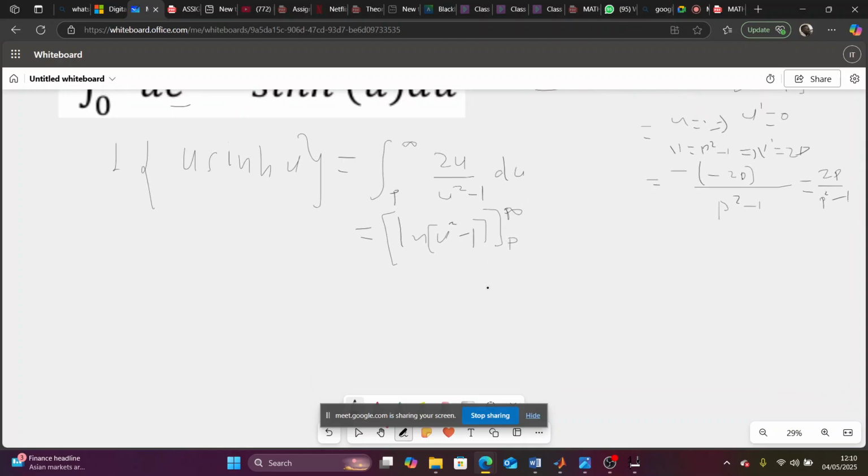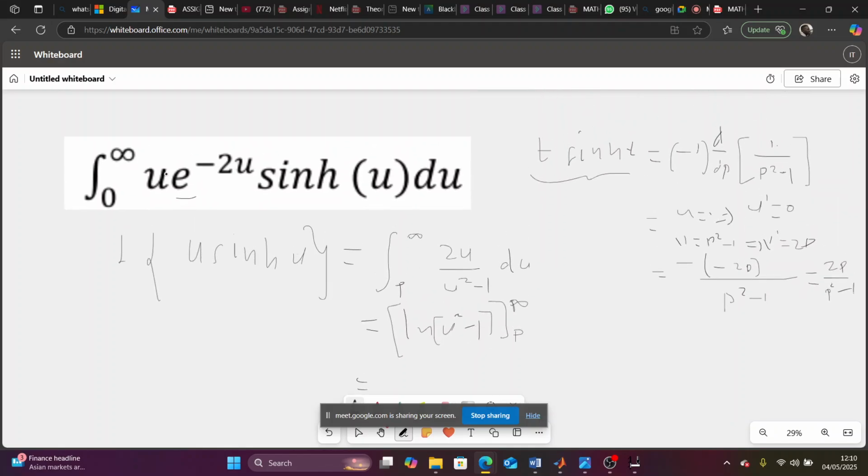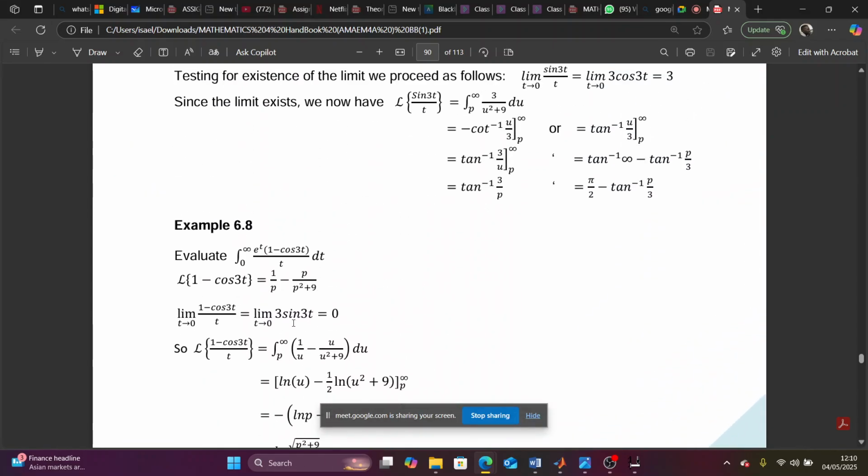No problem. Now, what is happening here? We have upper limit minus lower limit. Wait, I have a question. Yes, ask, my brother. So this is multiplication by t. Why are we integrating? The only reason you're integrating is because you have this infinity here.